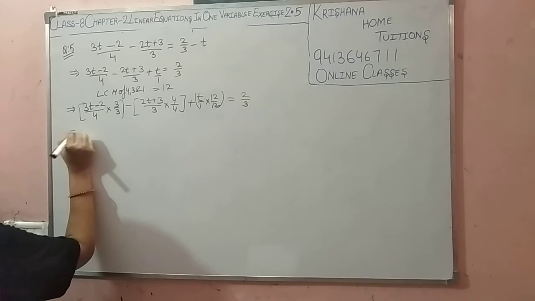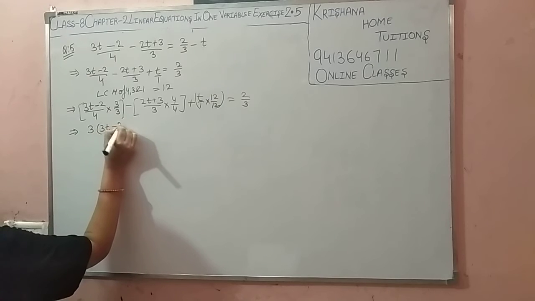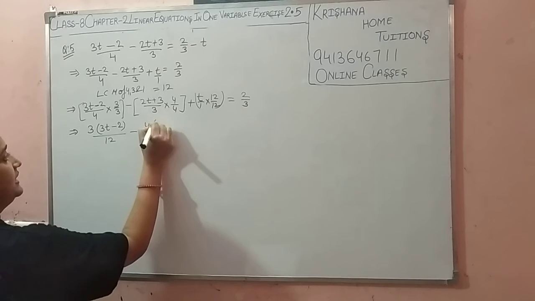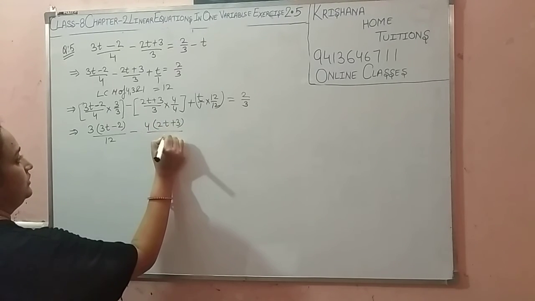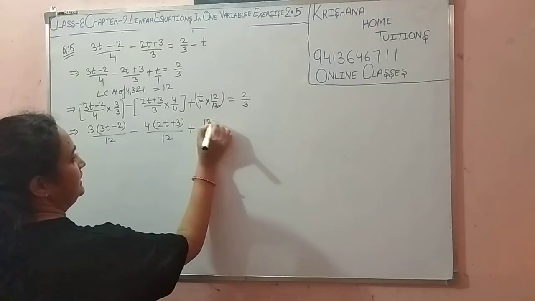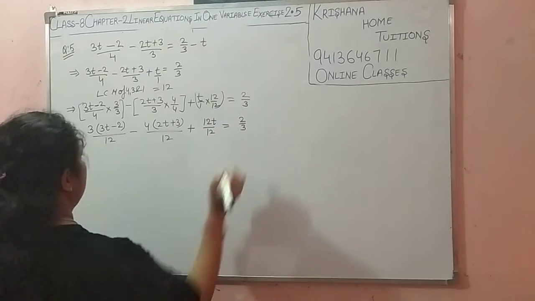Now this 3 multiply with 3t minus 2 upon 12, minus 4 multiply with 2t plus 3 upon 12, plus 12t upon 12 is equals to 2 upon 3.